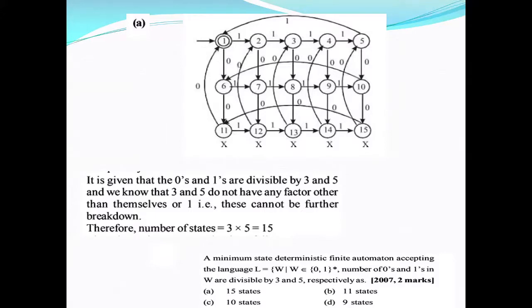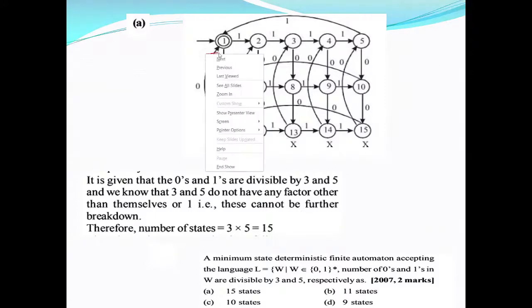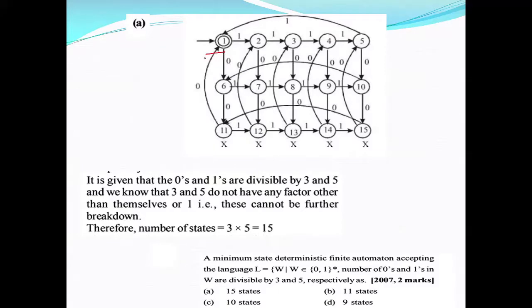So this is for the number of zeros and number of ones divisible by 3 and 5. This will represent the number of zeros divisible by 3 and the number of ones divisible by 5. Look at this. I have only ones: 1, 2 ones, 3 ones, 4 ones, 5 ones.